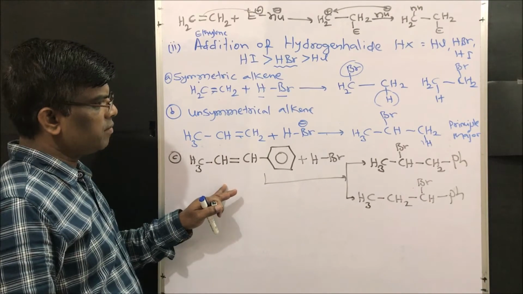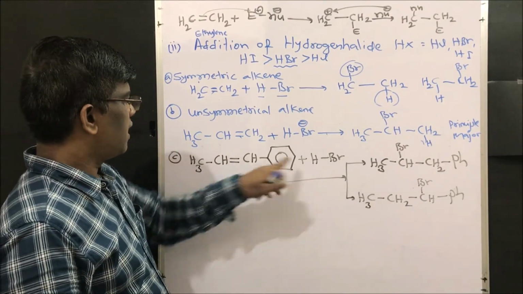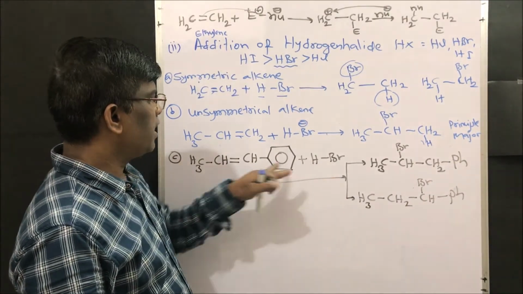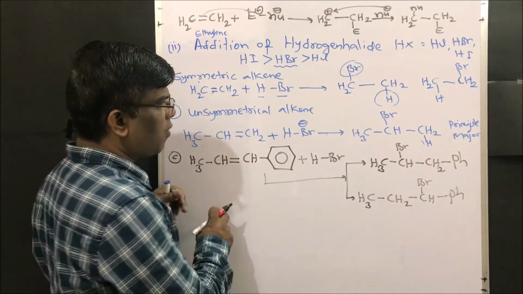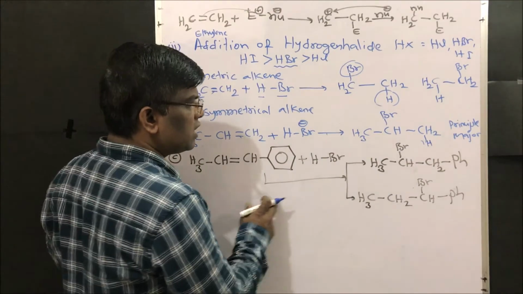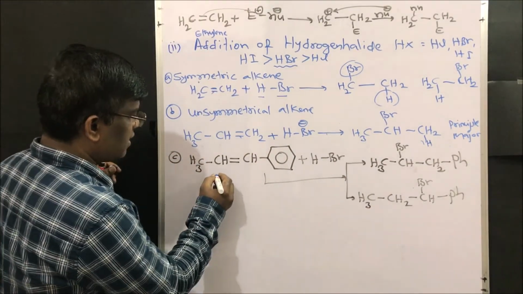It is an unsymmetrical starting material, nothing but methyl styrene. When it is added to HBr, what is going to happen? The double bond may give this addition product. Among these two, which one is going to be major? Just think, let us see the mechanism.